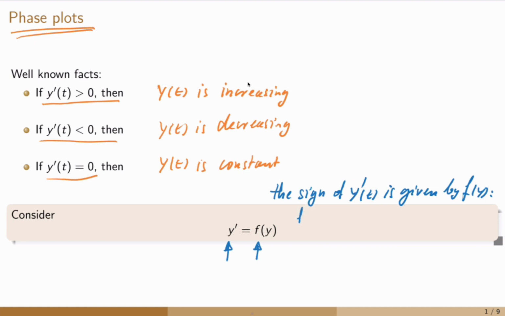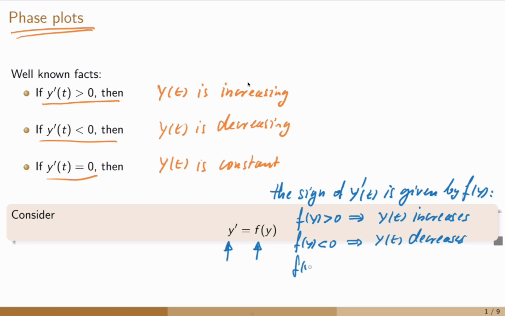Meaning if f of y is positive, then y of t increases. If f of y is negative, then y of t decreases. And of course, if f of y is equal to 0, then y of t doesn't change, so it is constant.